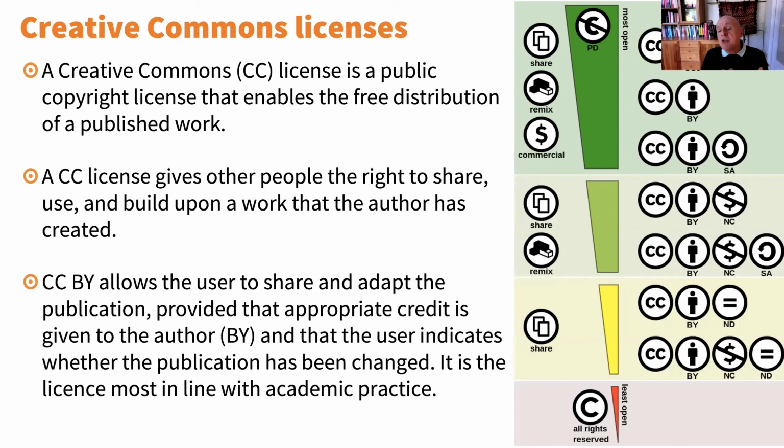And that, of course, is very much in line with what scholars already do. This is current academic practice. And this is why we have selected as Coalition S this CC BY license as the license that authors that are funded by Coalition S funders need to choose in order to license their articles as the original copyright holders.